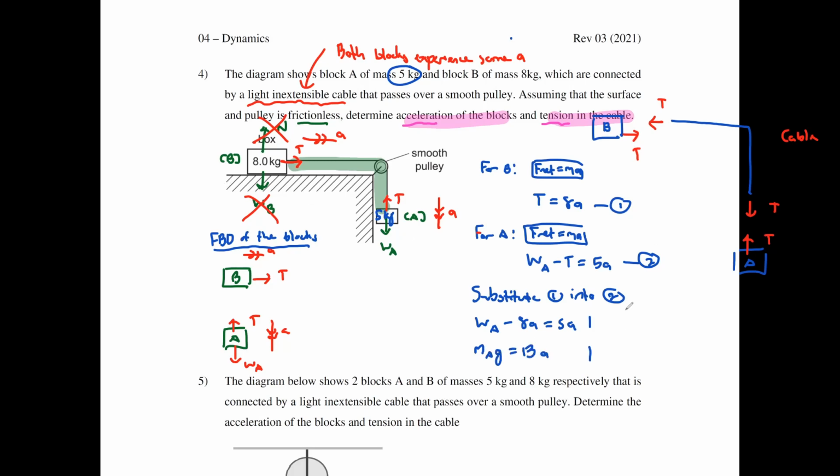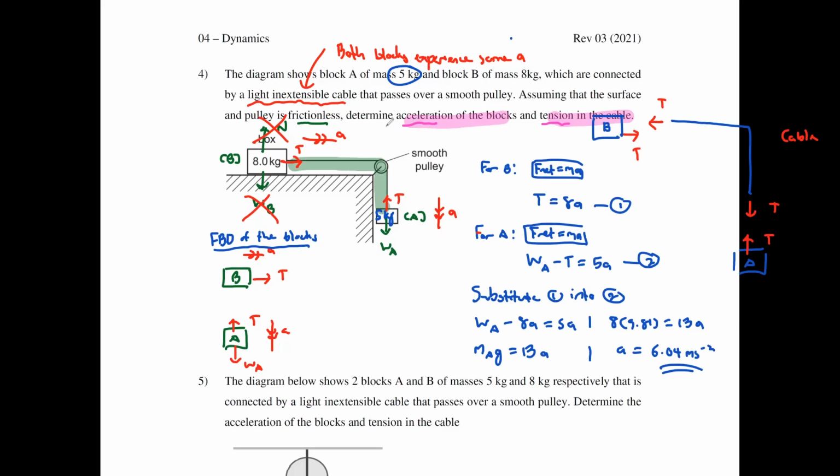So the mass of A is 8 times your gravitational acceleration 9.81 equals 13A. So A is going to be 8 times 9.81 divided by 13, giving you 6.04 meters per second squared.